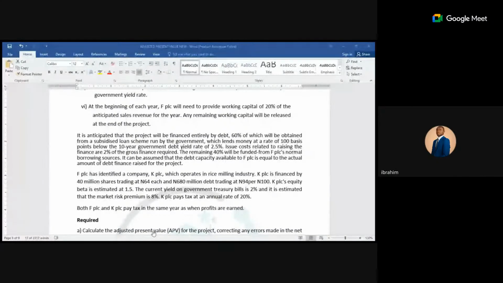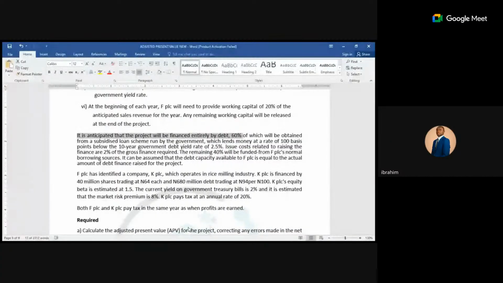Now, the project will be financed entirely by debt, which is 60%. When they say a project will be financed entirely by debt, meaning that including the working capital will be financed by debt. Because how did they want to get it?